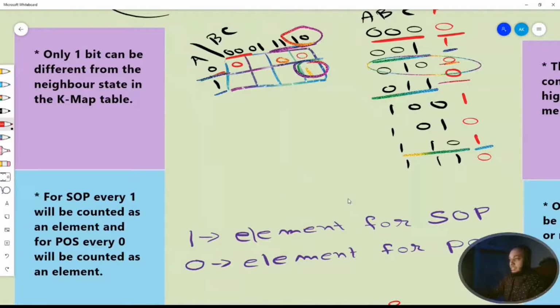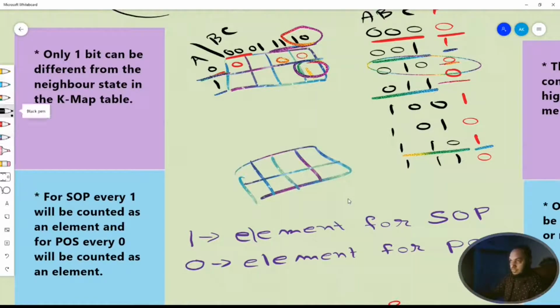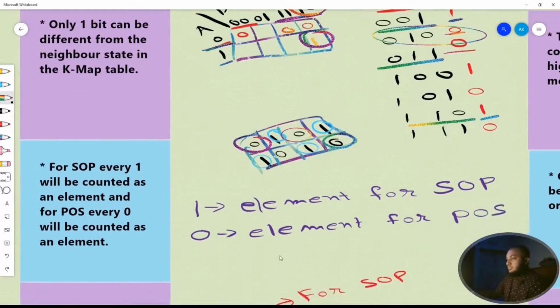So if we have the K-map table like this, 0 1 0 1 1 0 1 0, for SOP these are our elements, this one, this one, this one, and this one. And for POS, these are our elements because these are the zeros. So this is the second point.